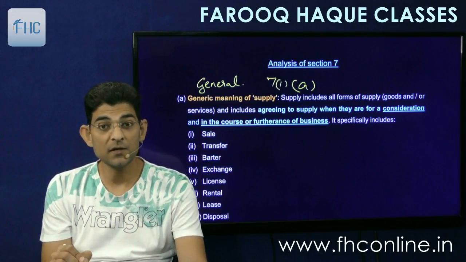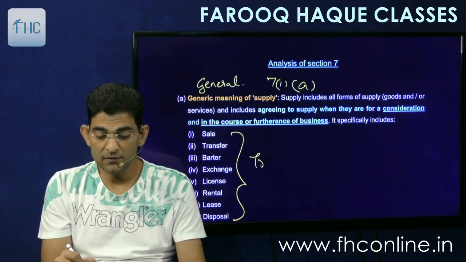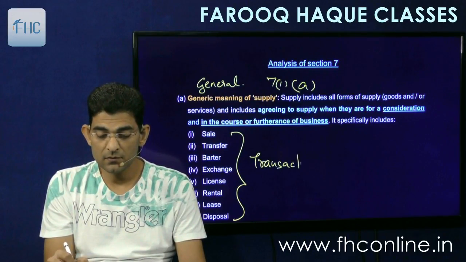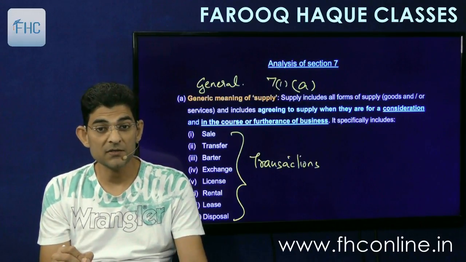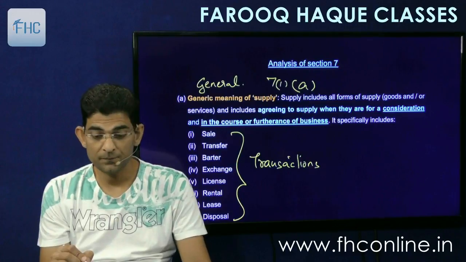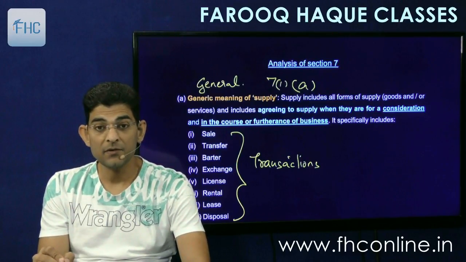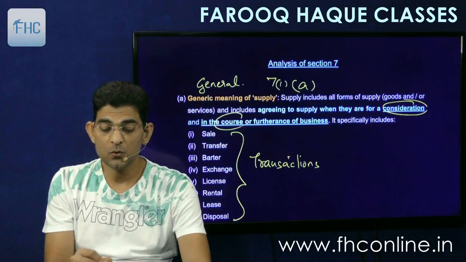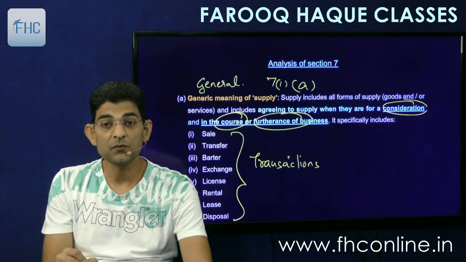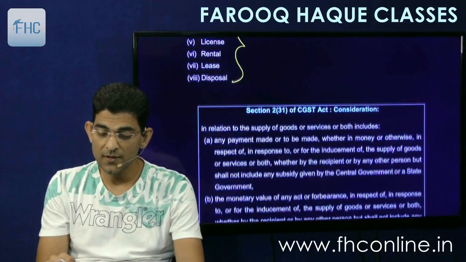That is called as the generic meaning of supply, in which we saw all these transactions. Different types of transactions: sale, transfer, barter, exchange, license, rental, lease and disposal. Made or agreed to be made, and having two characteristics, that is consideration and in the course of or furtherance of business, right? This we had discussed.